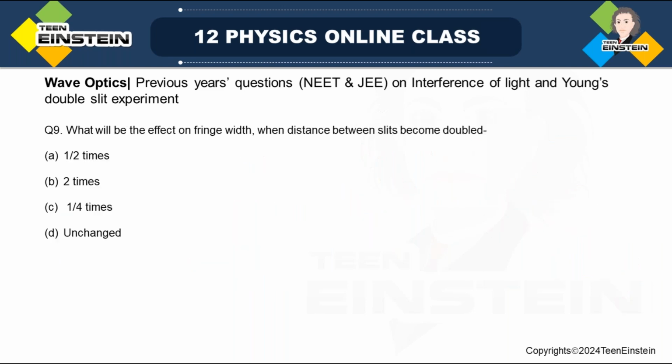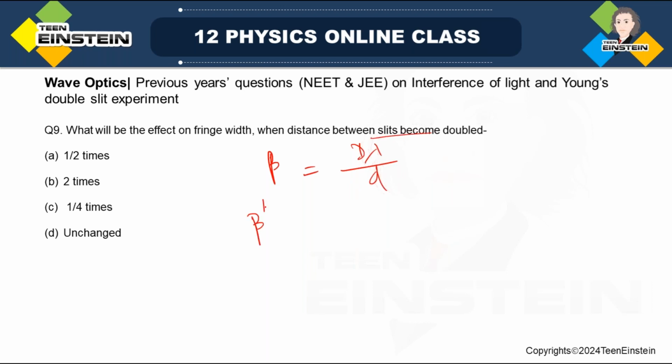Now let us see what will be the effect on fringe width when the distance between slits becomes double. See, we know fringe width beta is equal to D lambda by small d. This is for bright. Now if the distance between the slits becomes double, that means this d becomes double.